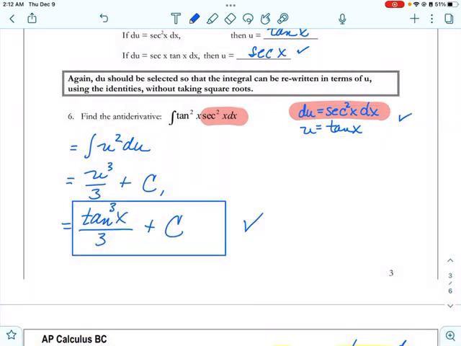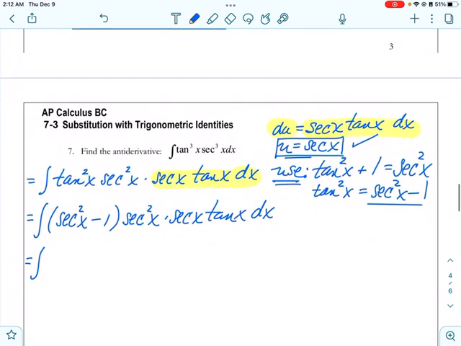Okay. So next one. On the next one, I did a little bit of prep work on this one so we could get through it a little quicker. But I see that I have odd powers of secant and tangent. So I'm going to pair off a secant tangent, so that's one of each of them, so that I can have this balance of secant squared and tangent squareds that interact well together, because we know that if I pick my du and then my u is going to be secant, I can use tangent squared plus 1 is equal to secant squared, so then the tangent squared is equal to secant squared minus 1.